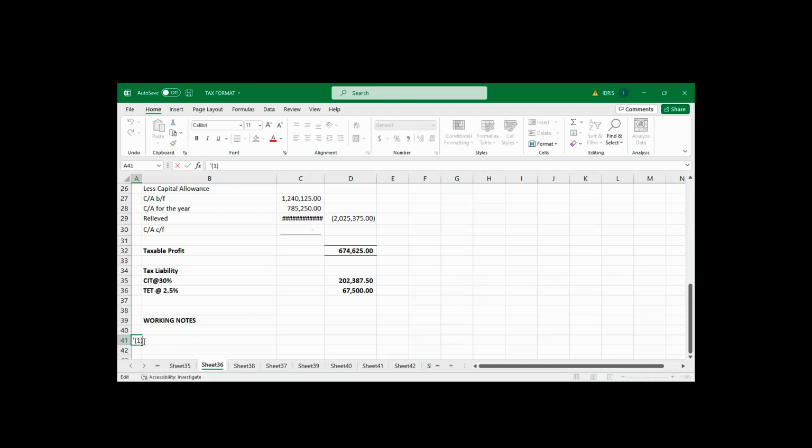Working note 1 is going to be based on the pioneer period. When does the pioneer period start? Pioneer period.